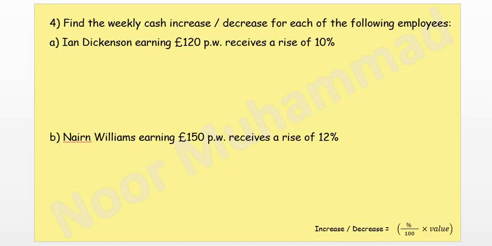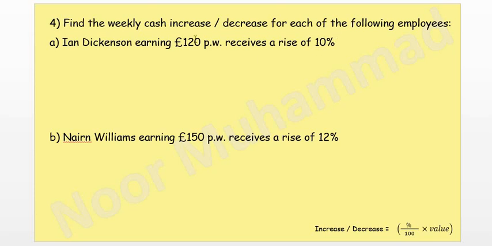Let's discuss some more cases here. They said find the weekly cash increase or decrease for each of the following employees. So for example, Ian Dixon is earning 120 pounds per week, this PW is for per week, and receives a rise of 10%.